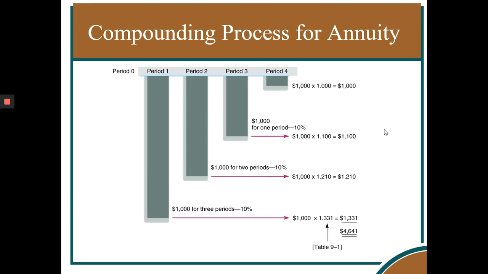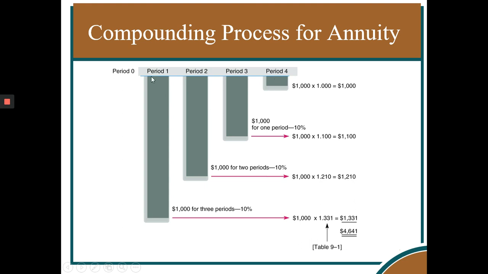So let's see how the compounding really works. In the beginning you invested 1,000. In year 2 you invested another 1,000. Year 3 another 1,000. Year 4 another 1,000. When you invest 1,000 in period 1, you are leaving it for the next 1 year, 2 years, 3 years.